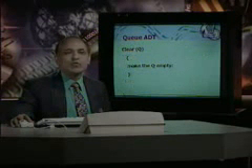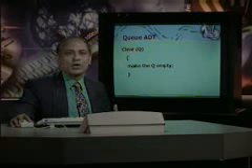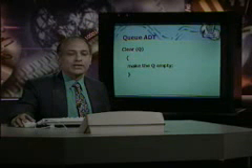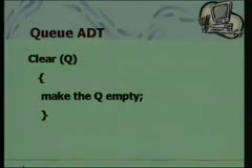Let's add some more functions, because when you want to implement a queue data structure, you have to add many more functions. Another important function will be clear queue. You see in this slide I have written another function, the second function. The purpose of this clear function is to make the queue empty.